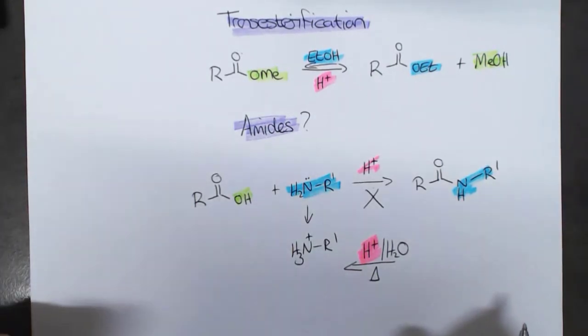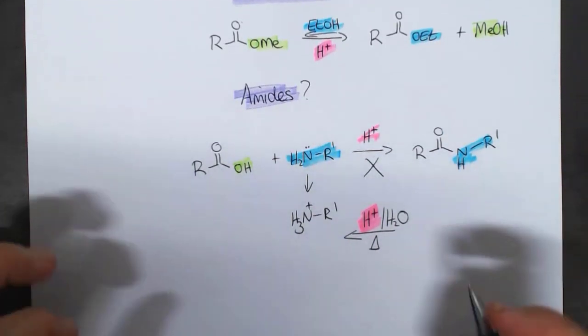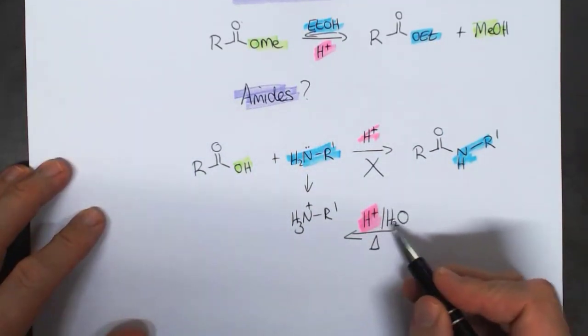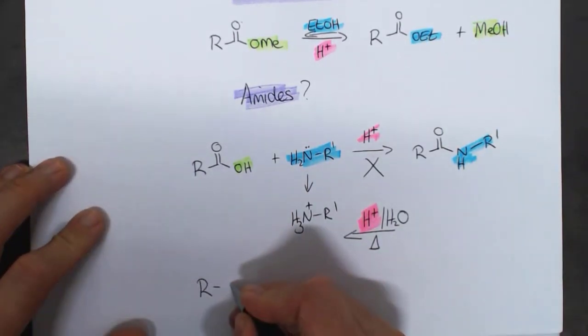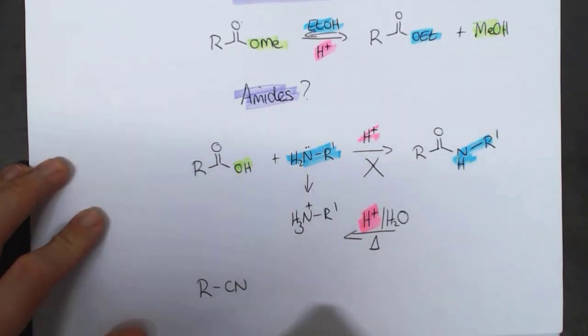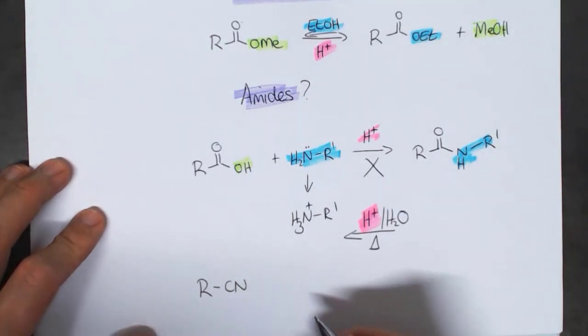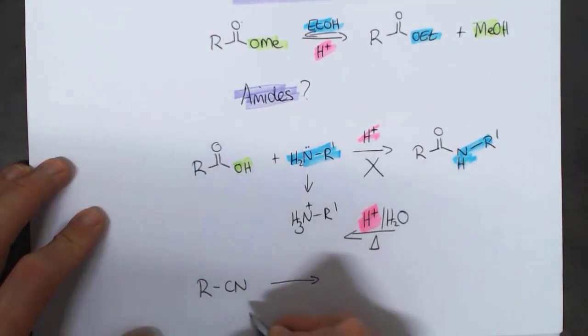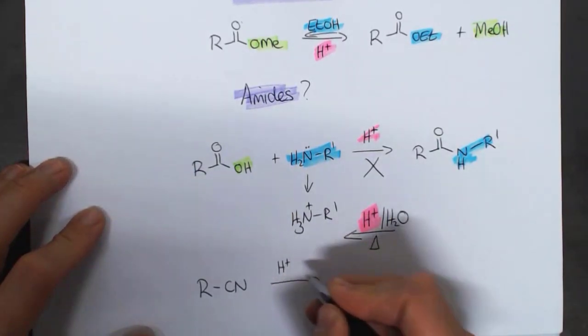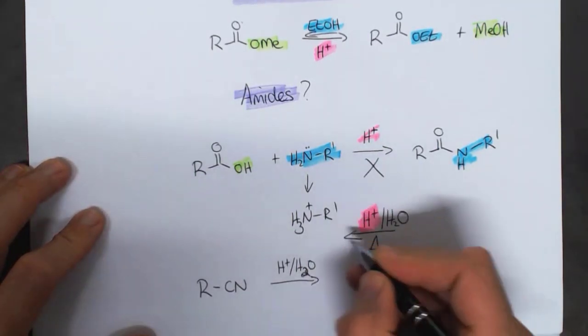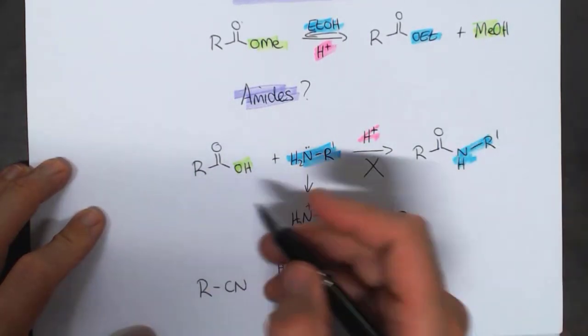The last functional group that we need to look at, just to remind ourselves of this under acid conditions, is the carboxylic acid derivative, which doesn't look like a carboxylic acid derivative, and that is the nitrile. And nitriles can also be hydrolyzed under basic conditions as well as the acid conditions in exactly the same way that an amide can be hydrolyzed.